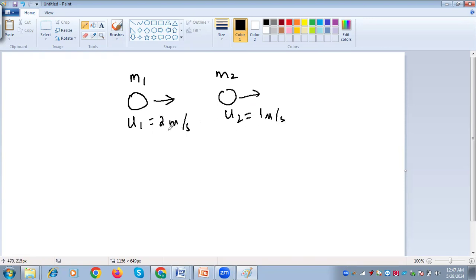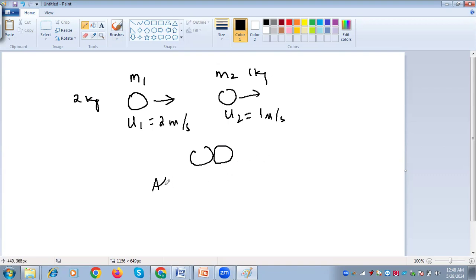So body M1 is moving faster and collides with body 2. Suppose the masses are M1 is 2 kg and M2 is 1 kg. When they collide they apply equal and opposite forces on each other, according to Newton's third law of motion. Suppose they continue moving in the same direction.